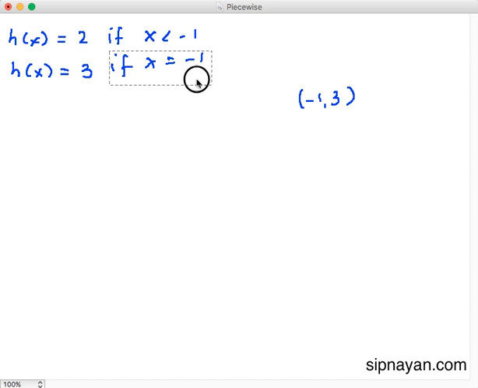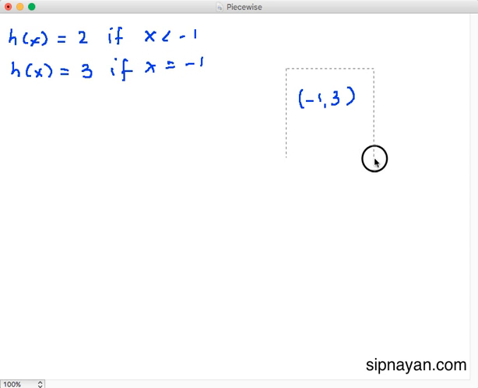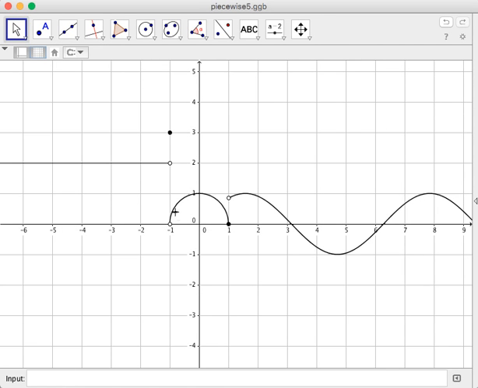Now third, tignan natin yung pangatlo, this part. Anong hugis siya? Siya ay hugis circle, no? Semicircle siya actually. And sabi natin, pag meron tayong circle, centered at 0, 0.